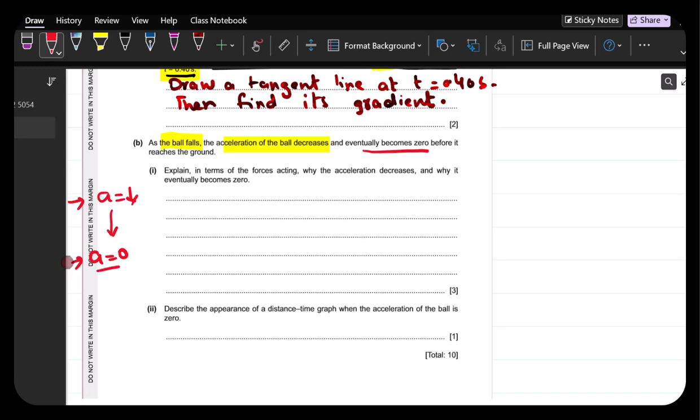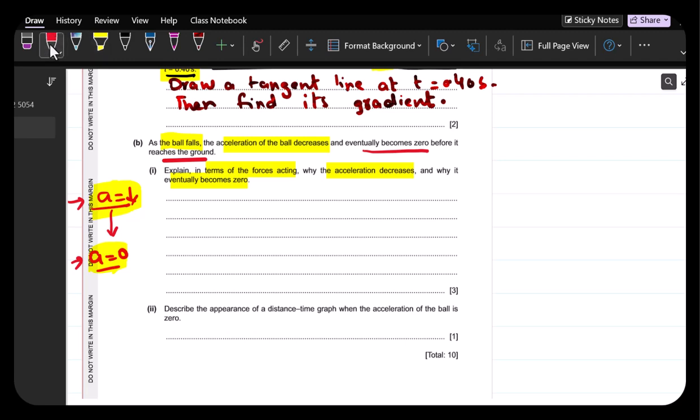So there are two stages before it reaches the ground. Explain in terms of forces acting why the acceleration decreases and why it eventually becomes 0. हमने forces की form में बताना है.